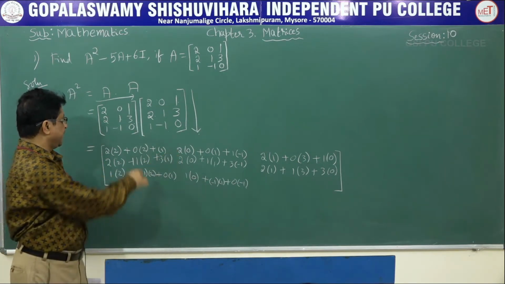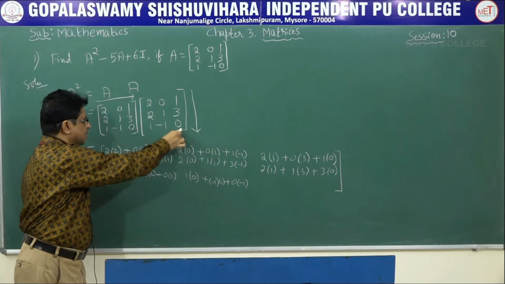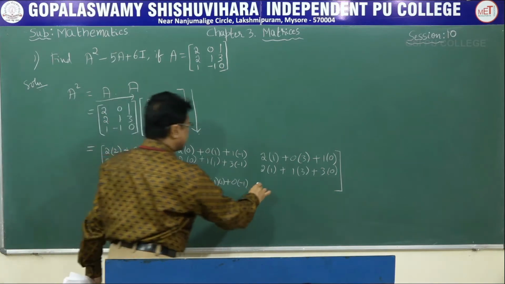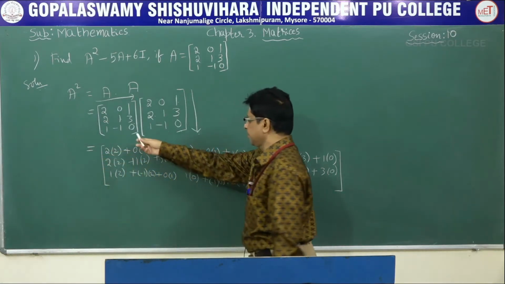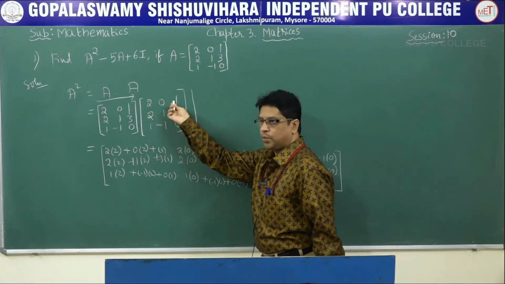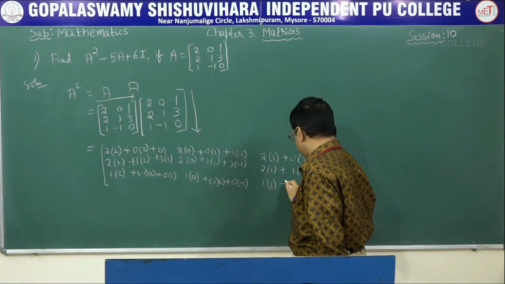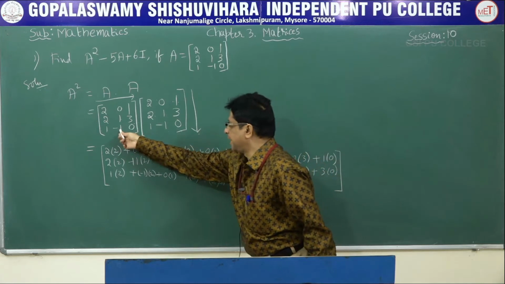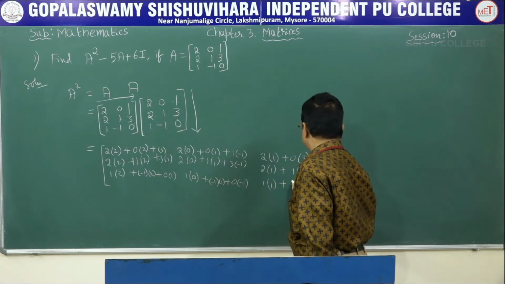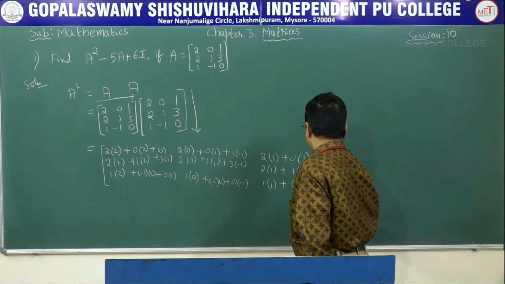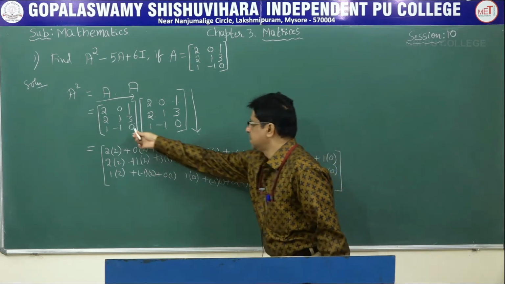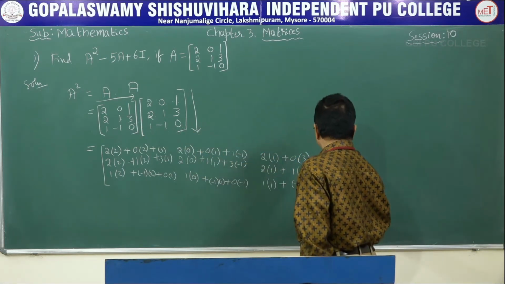Next element will be third row into third column, that is 1 into 1 plus minus 1 into 3 plus 0 into 0.